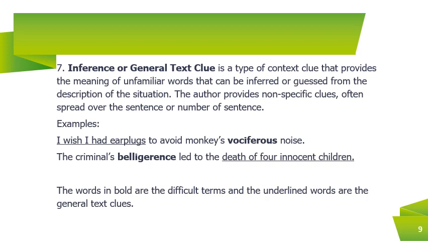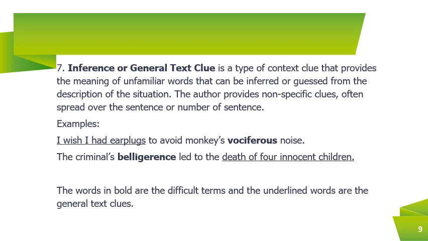So it is a type of context clue that provides the meaning of unfamiliar words that can be inferred or guessed from the description of the situation. I guess this is the most difficult, the hardest type of context clues, because in this case, the meaning of the unfamiliar word is not obviously revealed in the sentence.